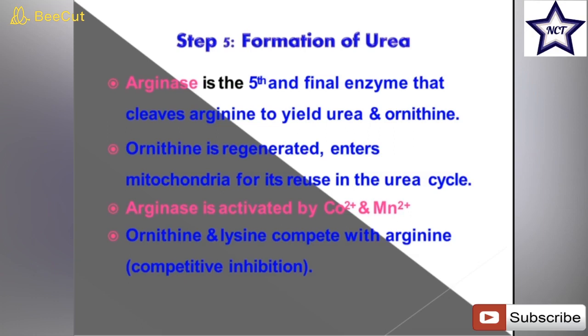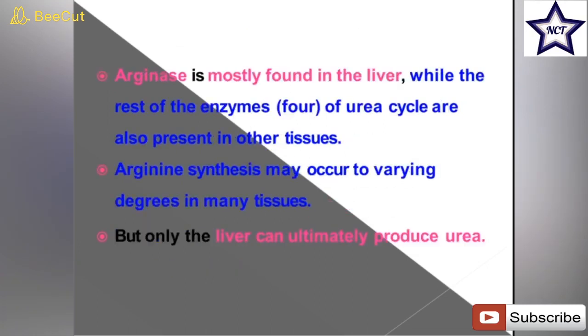The arginase enzyme requires metallic ions like cobalt and manganese for activation, and ornithine and lysine compete with arginine. This is competitive inhibition. This enzyme arginase is mostly found in the liver, like the rest of the four enzymes involved in the urea cycle. Arginine synthesis may occur to varying degrees in many tissues, but only the liver can ultimately produce urea.